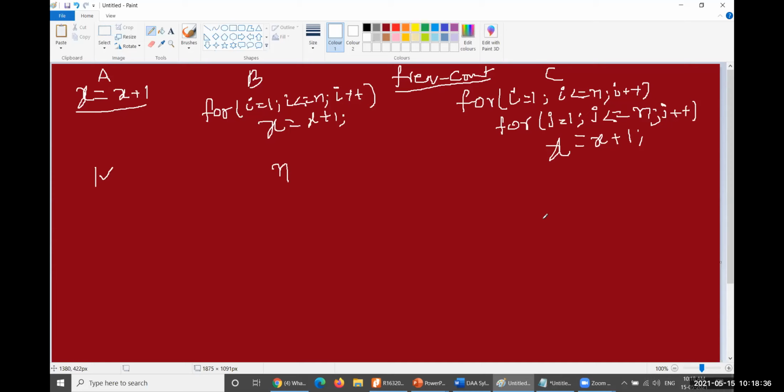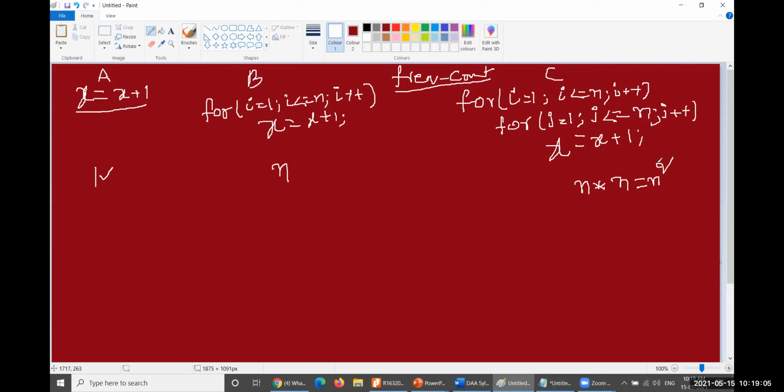Only x equal to x plus 1, not any other point of view. So n into n times.